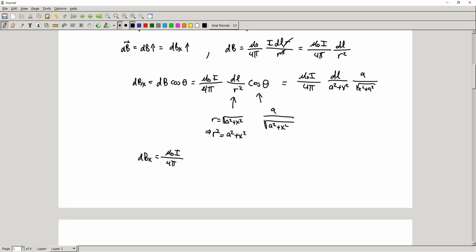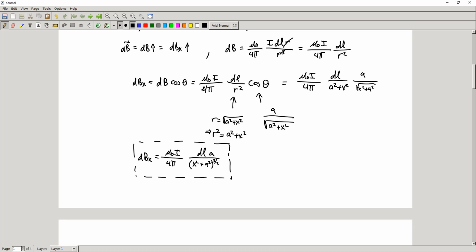We're going to end up with x squared plus a squared to the 3 over 2 in the basement, and upstairs we still have a dl and an a. So that is our dBx, and this is what needs to be integrated over dl to be able to get our full Bx contribution.